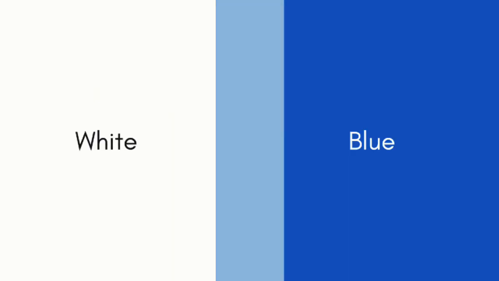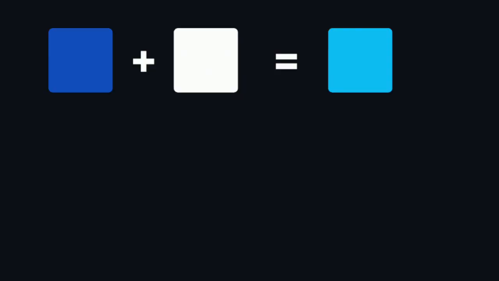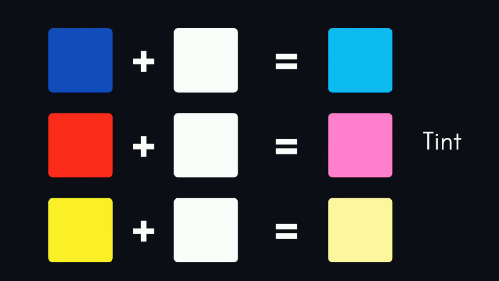If you've ever done any kind of painting in your life, you know the solution is very simple. Take blue and add a dash of white to it and that's how you get sky blue. But what is this thing known as in the design world? It's a tint of blue. So sky blue is a tint of blue. Pink is a tint of red. So when you add white to any color on the color wheel, it becomes a tint of the color.